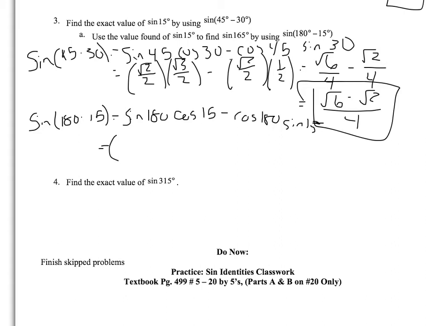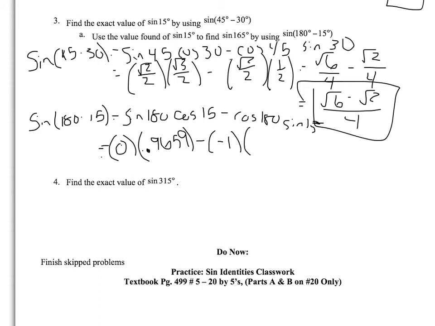Sine 180 is equal to 0. Cos 15, well, we don't have it. It's a decimal we don't know, 0.9659. But again, it's not going to matter too much because we already have this times 0. So it's just going to be a 0. Minus cos 180 is a -1.